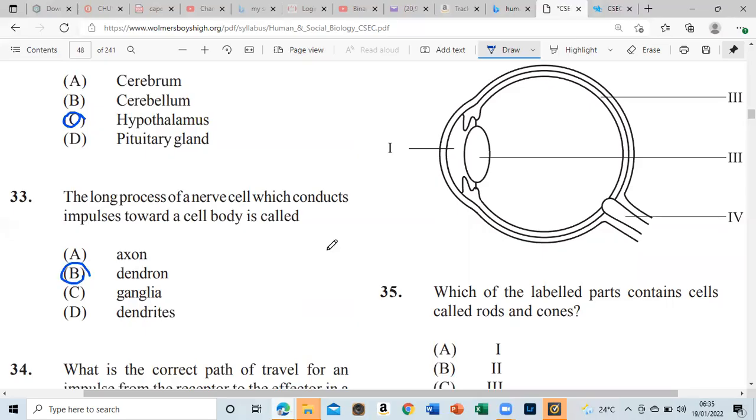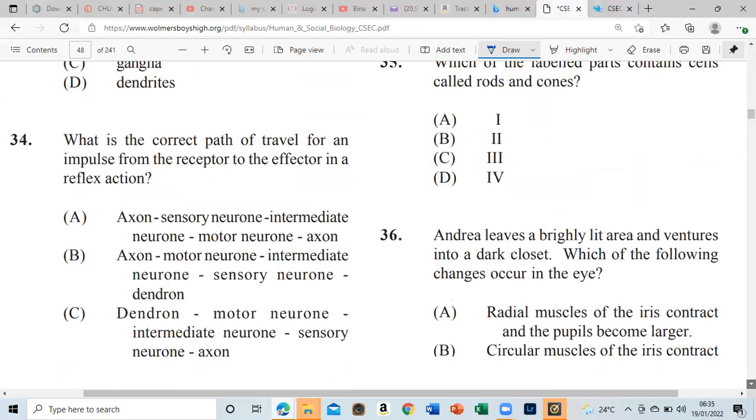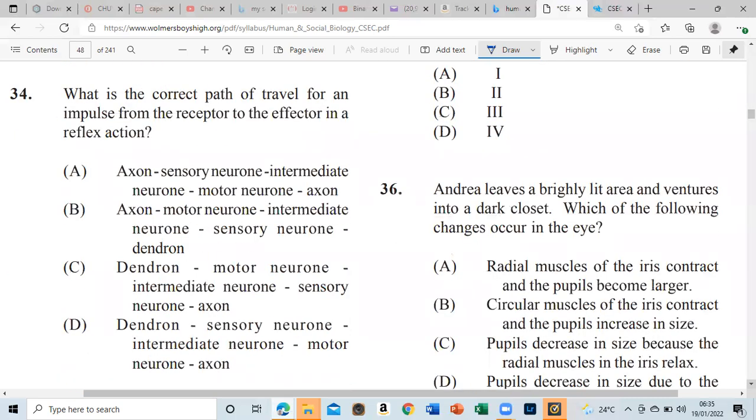All right, let's move on to 34. What is the correct path of travel for an impulse from the receptor to the effector in a reflex action? All right, so we are supposed to look at the order. These can be a little bit tricky, guys, so ensure that you read them very carefully and ensure that you have the order correctly.